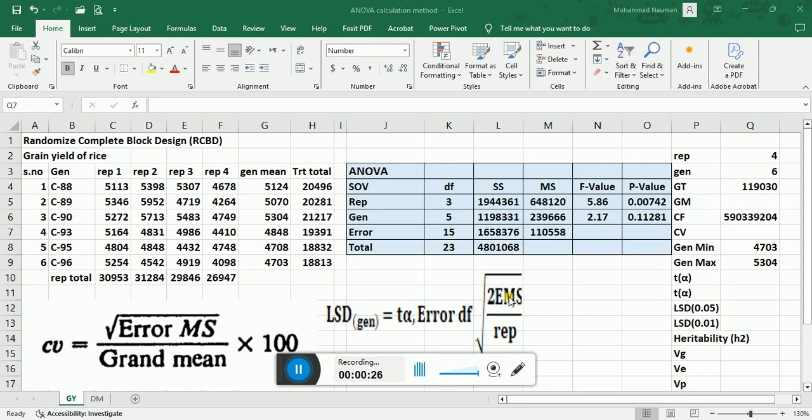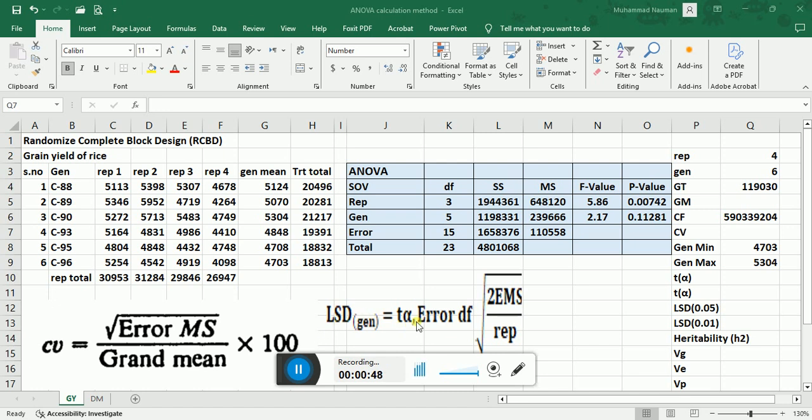Here we will once again calculate the grand mean and then use it to find the coefficient of variation. After that we will move on to calculate the LSD, least significant difference. The link to the Excel tutorial for performing ANOVA is available in the video description.